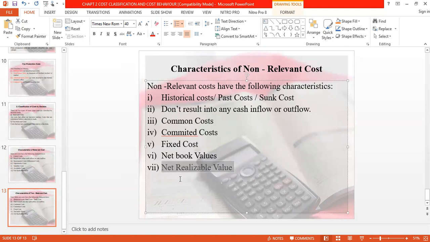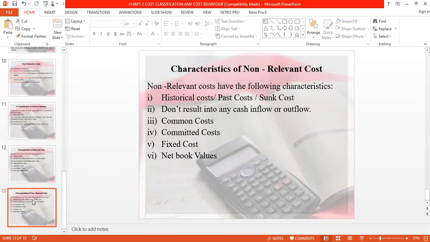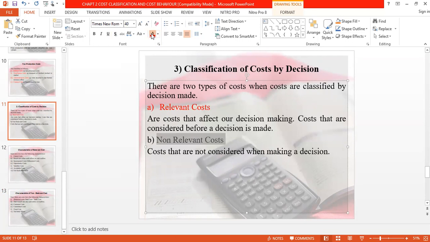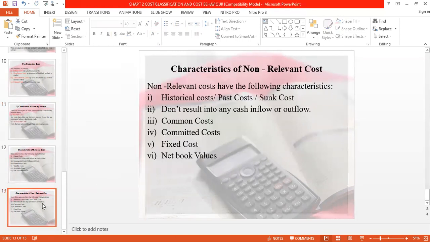Those are some of the characteristics of non-relevant costs. So as an assignment, let us read and understand what each of those means. So that is classification of costs by decision. It can either be relevant costs or non-relevant costs.